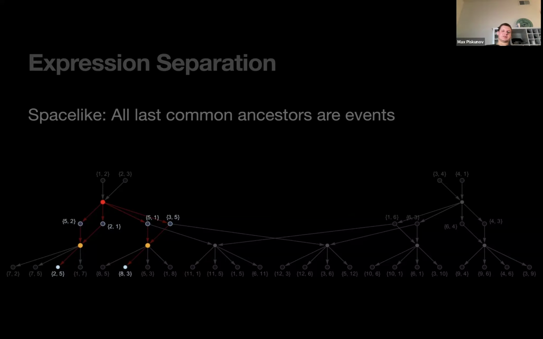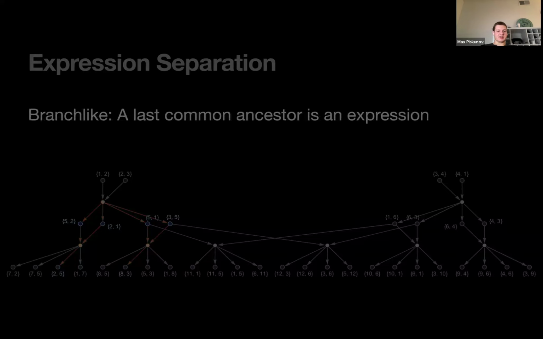And intuitively, you can see that for expressions to be compatible, you want them to be produced by events rather than be branching from expressions. And so this is another example of a pair of expressions which are branch-like.